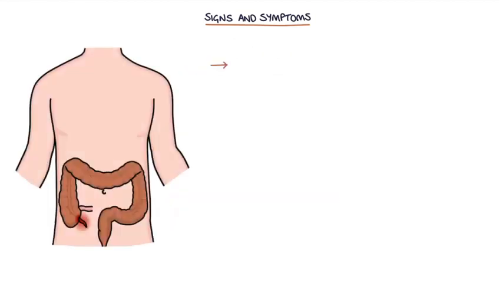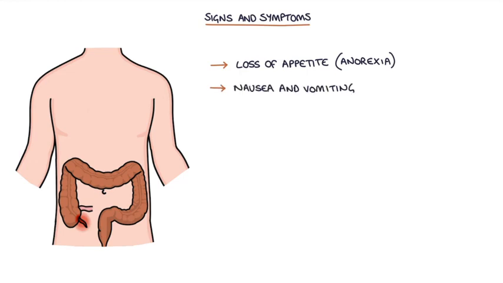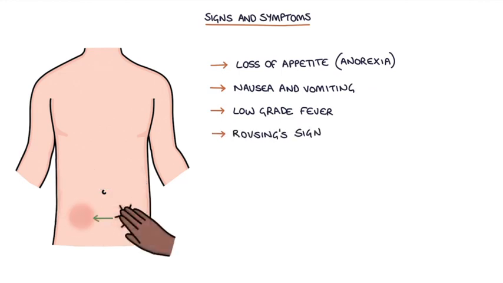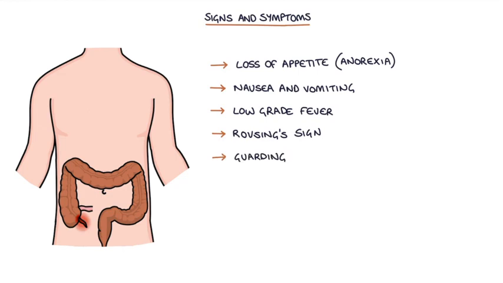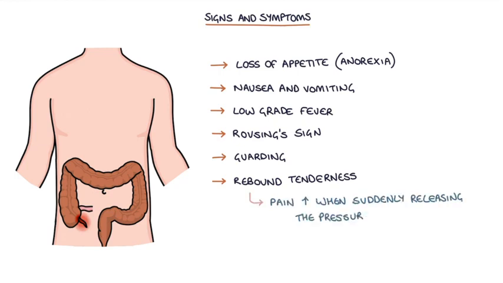Other classical features of appendicitis are loss of appetite, which we call anorexia, nausea and vomiting, a low-grade fever, Rovsing's sign, which is palpation of the left iliac fossa causing pain in the right iliac fossa, guarding on abdominal palpation, rebound tenderness in the right iliac fossa, and this is where the pain increases when you suddenly release the pressure of deep palpation, and the pain of releasing the pressure is worse than the pain of the actual pressure itself, and percussion tenderness.